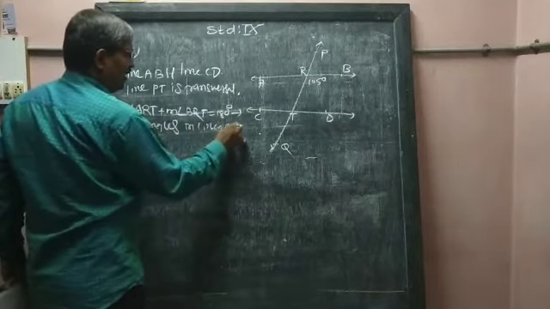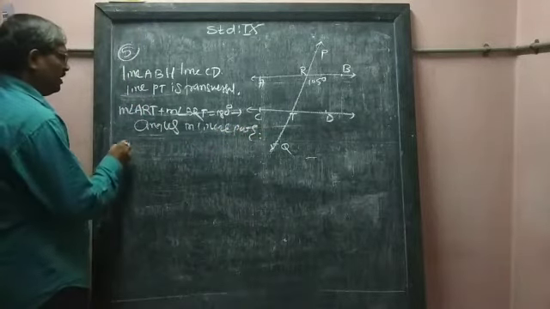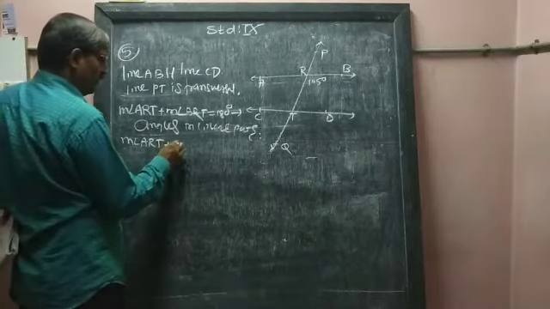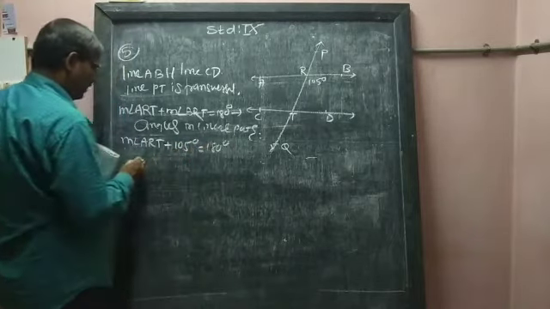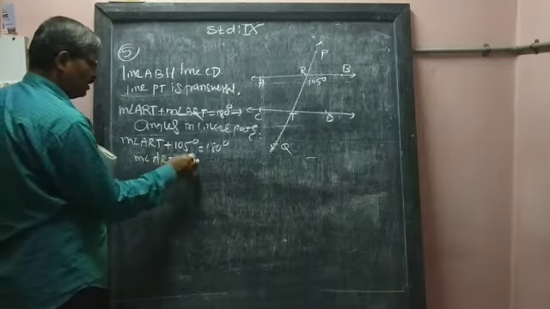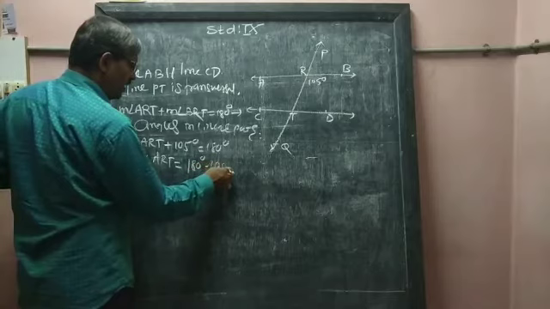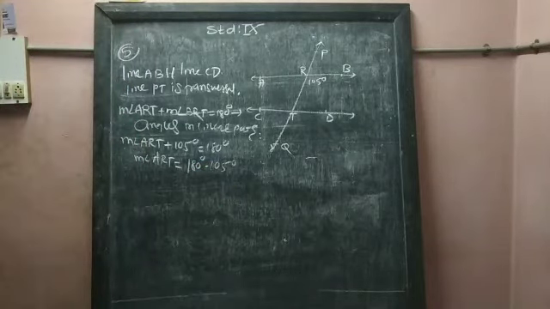So the measure of angle ART, which you don't know, plus 105 is equal to 180. Therefore, the measure of angle ART is equal to 180 minus 105. Do the subtraction and find the answer. What is the subtraction? Please do.